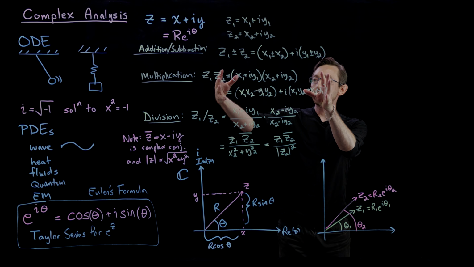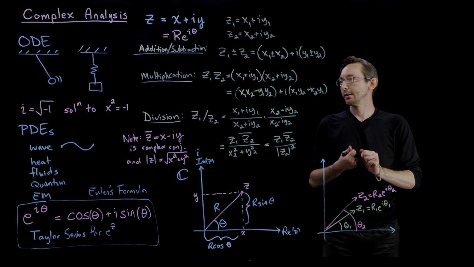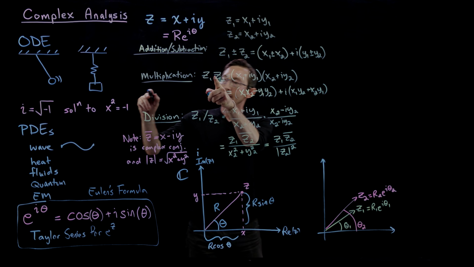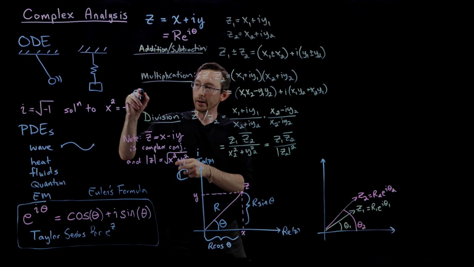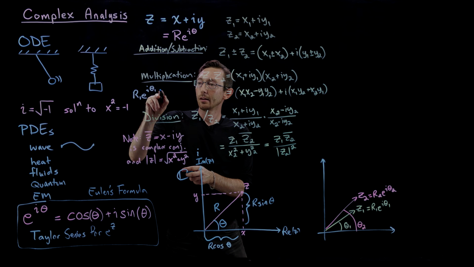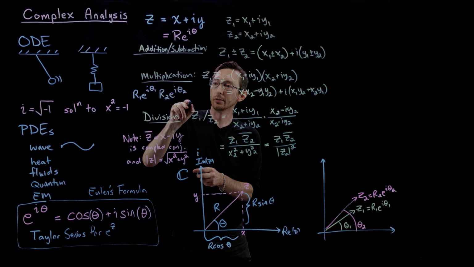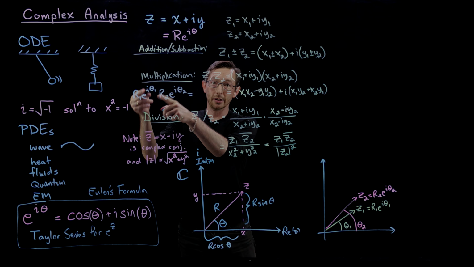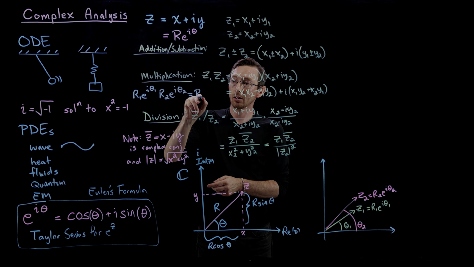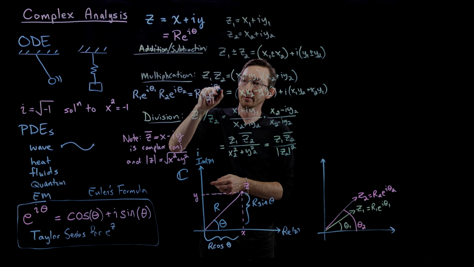Now, if I multiply those two quantities, maybe I'll do this in blue here, I take r1 e to the i theta 1 times r2 e to the i theta 2. That is going to be, by just multiplication, r1 r2 e to the i theta 1 plus theta 2.